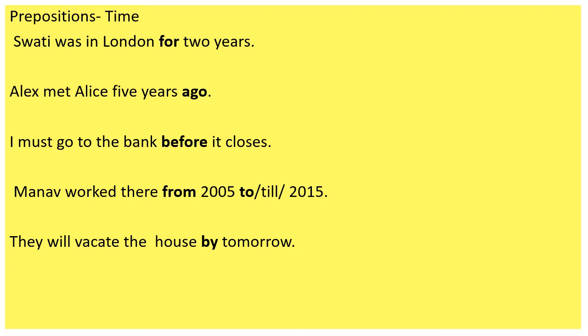Mana worked there from 2005 to 2015 or till 2015. Here it tells the beginning and the end of a period. They will vacate the house by tomorrow. Here by indicates up to a certain time.